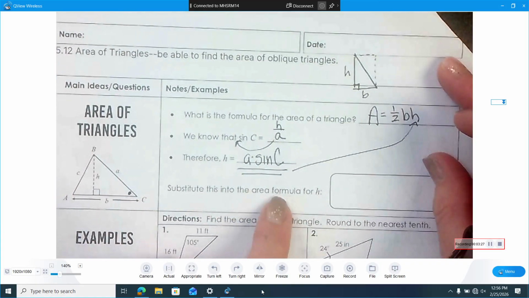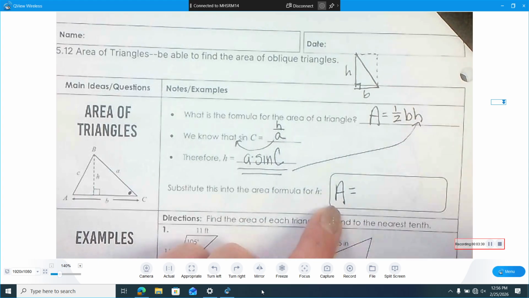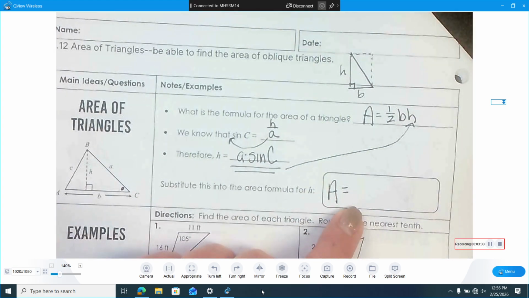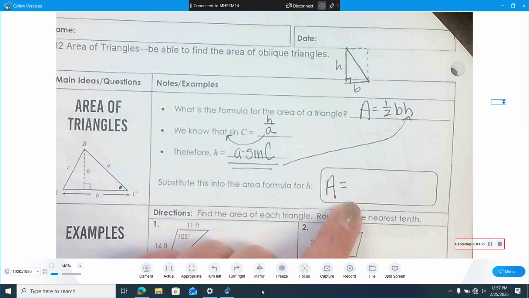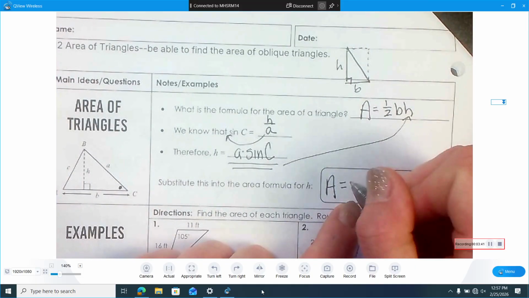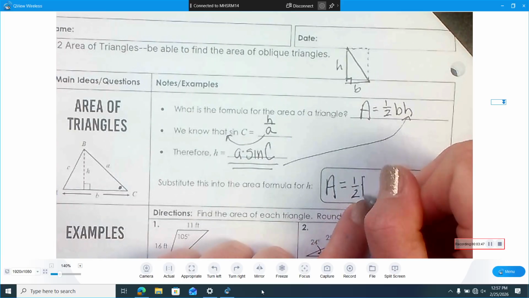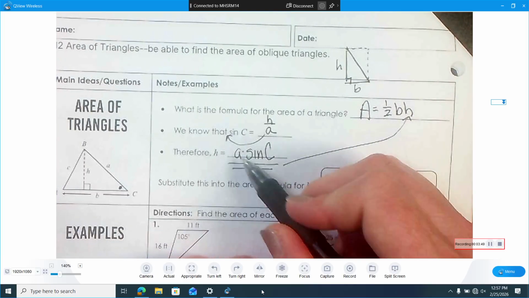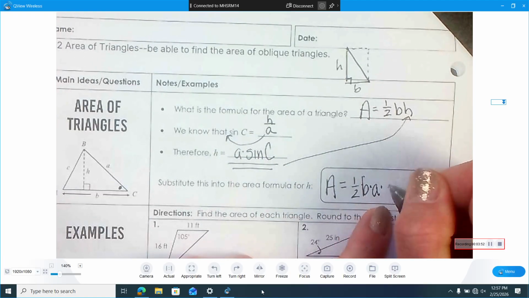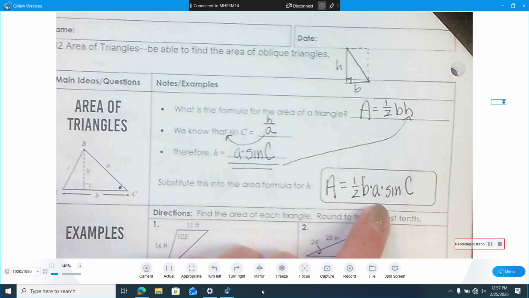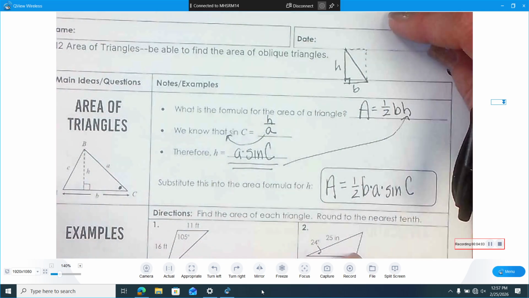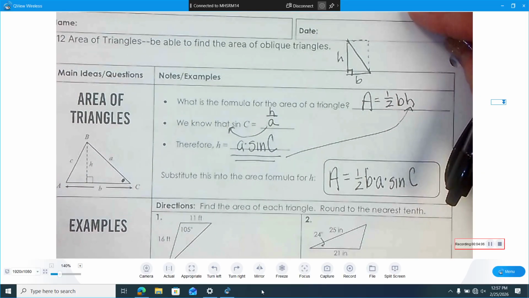And so it turns out that if I want to know the area of some oblique triangle, if I have the right information, a couple of sides and an angle, then I can figure out the area pretty easily by doing 1/2 times the base, and then h we're going to replace with a times the sine of the angle C. Okay? So just substituting that in there. So you can really do some interesting stuff to figure out the area here.